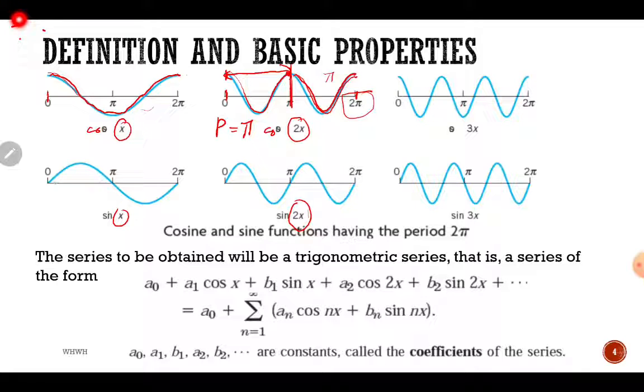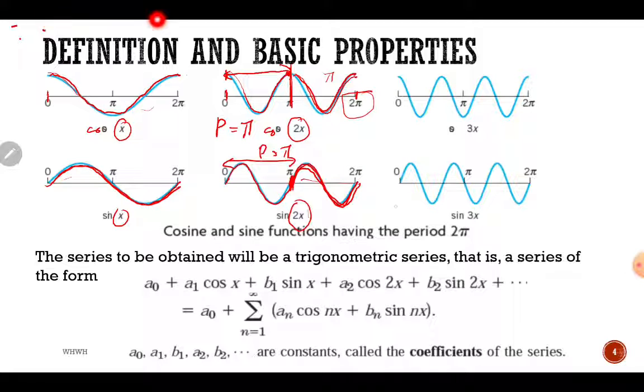If you look here, sin x has one cycle from 0 to pi, going up and then down. For sin 2x from 0 to 2 pi, to complete one cycle, going up and down, it takes just a pi period. So from here to here, our p is equal to pi. From pi to 2 pi, it completes a new cycle. So the pattern repeats.